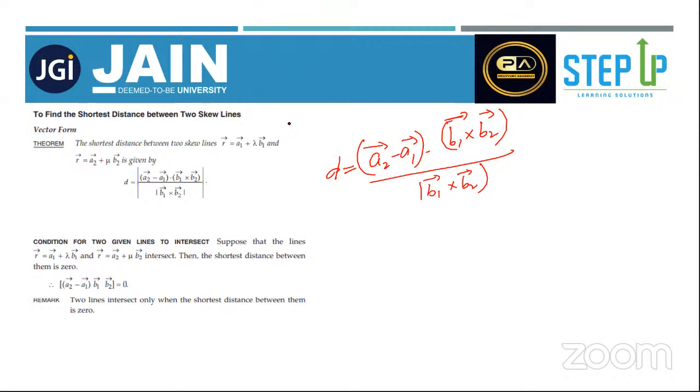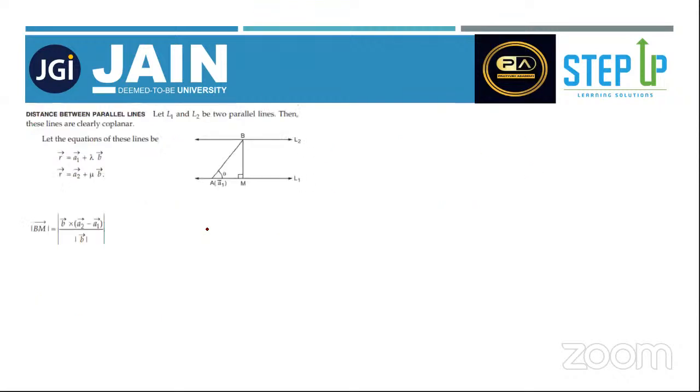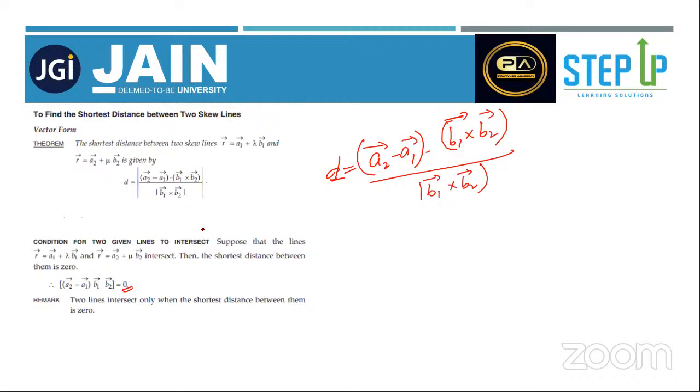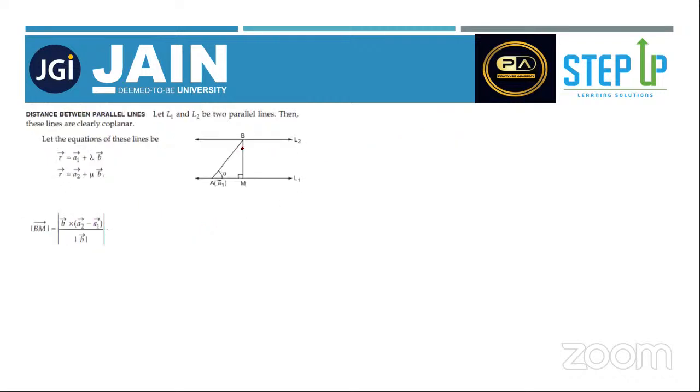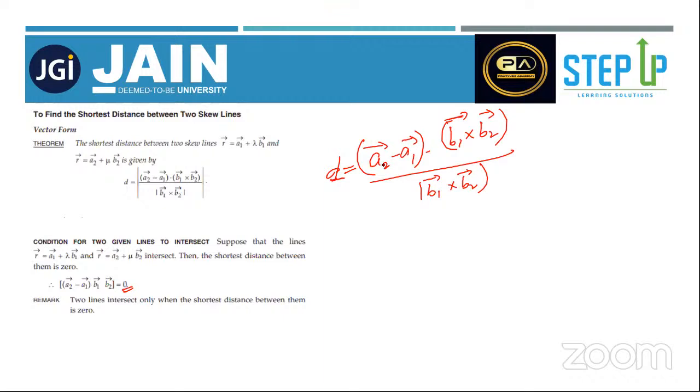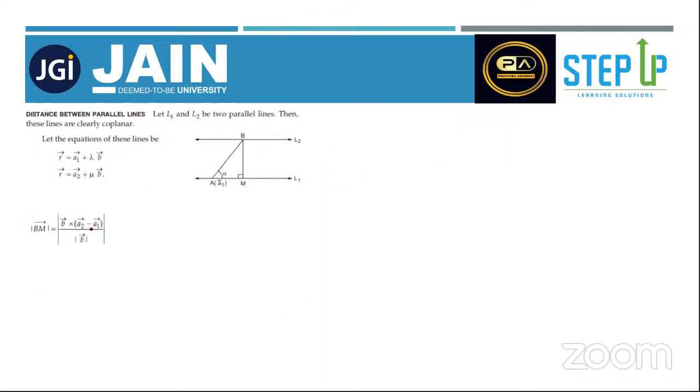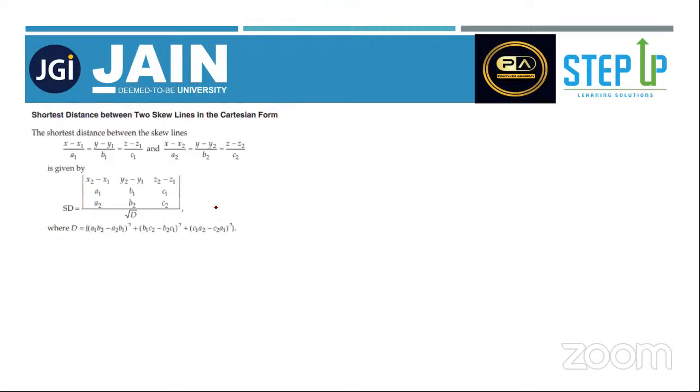Obviously, if these two lines intersect, the numerator part will be 0, correct? Now, if it is between two parallel lines, then it is like B cross A2 minus A1 and all. Okay, so those are the formulas.